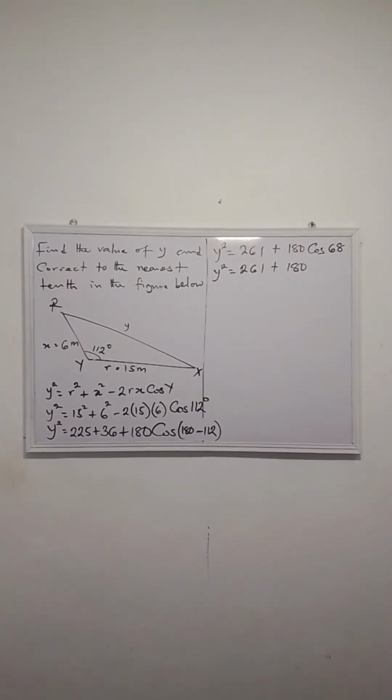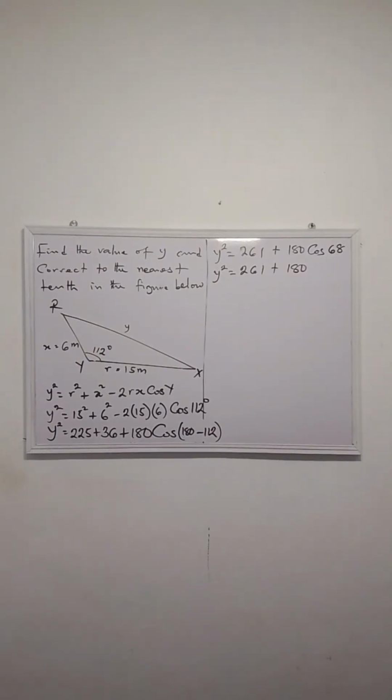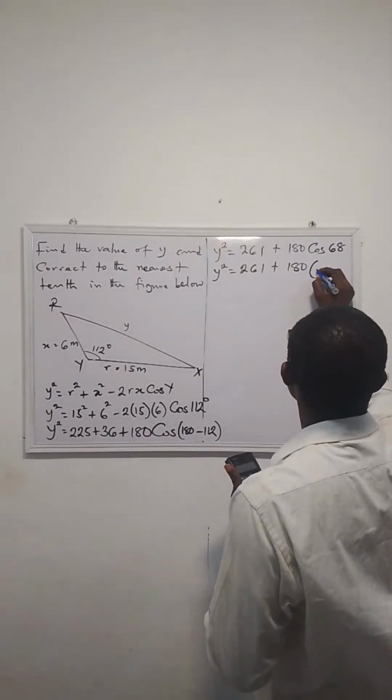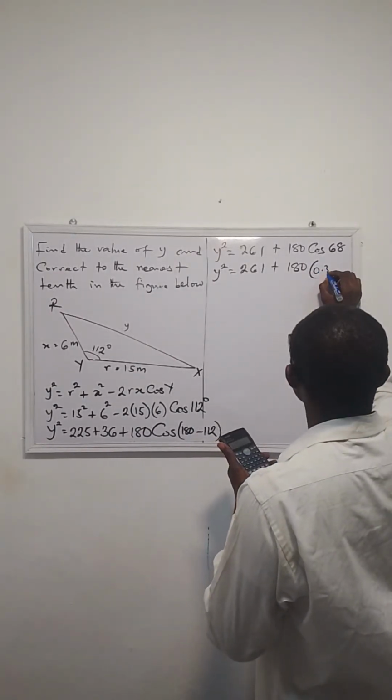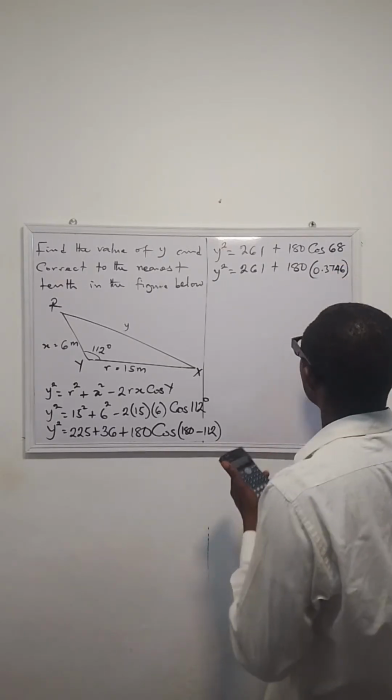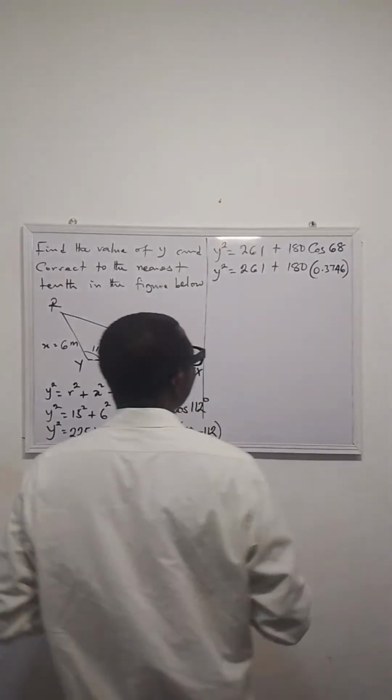Okay, Olamilekon, you're welcome. So the answer to cos 68 is 0.3746. Okay, so that is the answer.